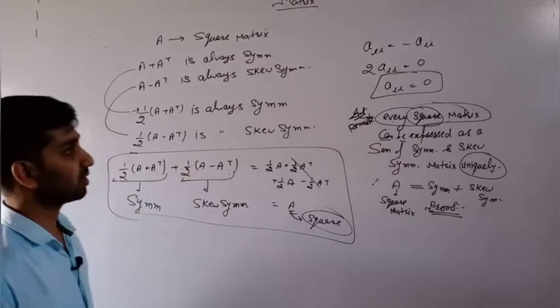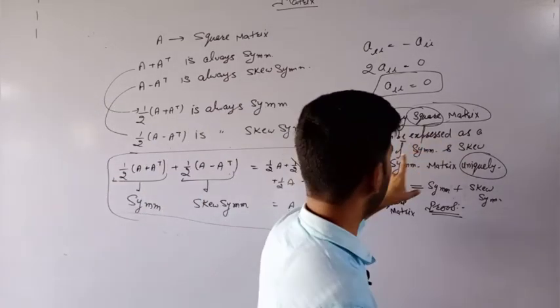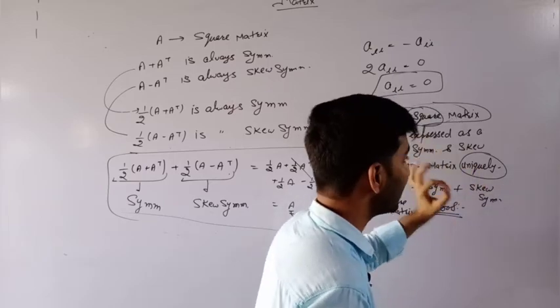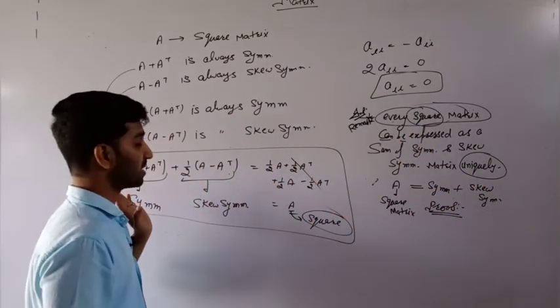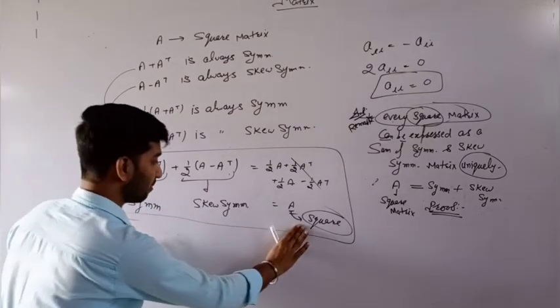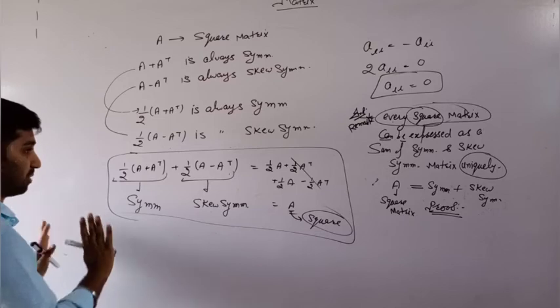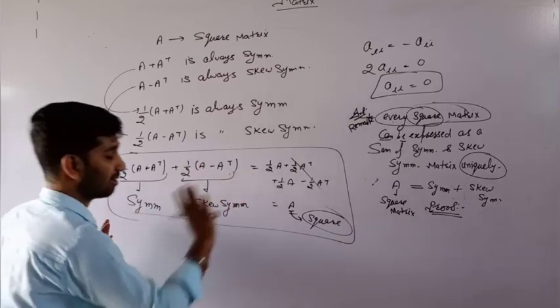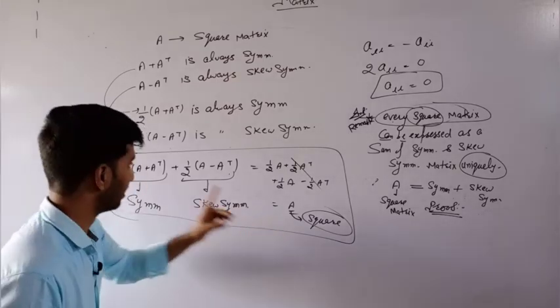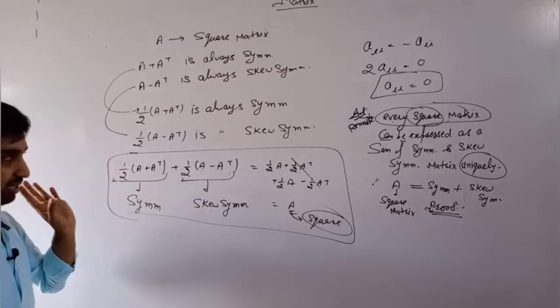So it is proved that every square matrix can be expressed uniquely as a sum of a symmetric and a skew symmetric matrix. Uniquely means there is a single way of representing it: a single formula, and no other way.